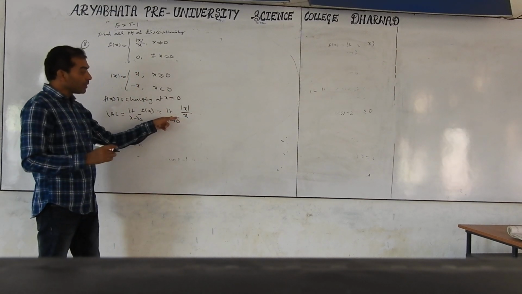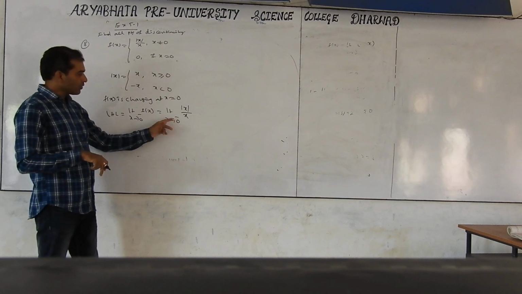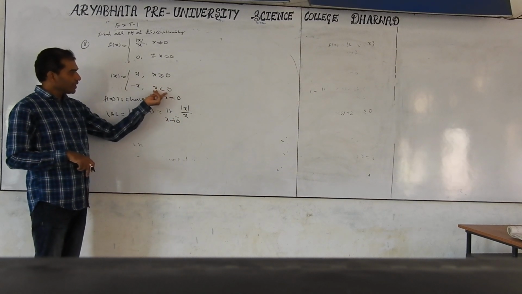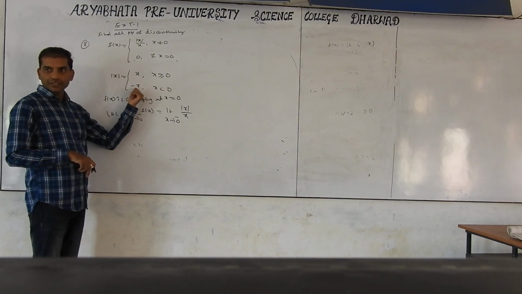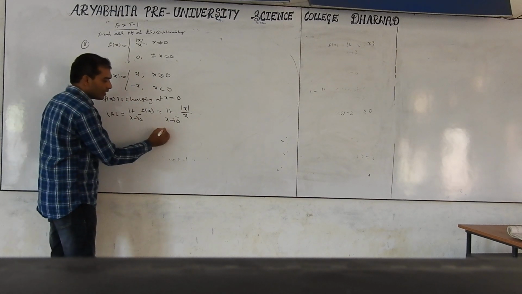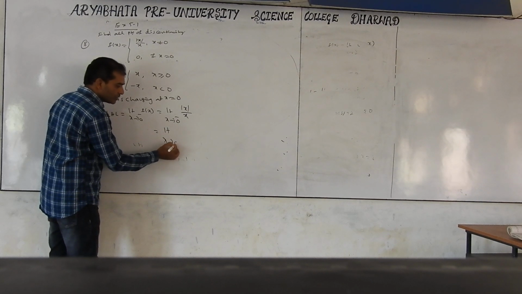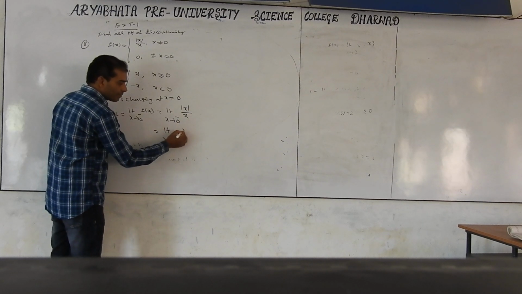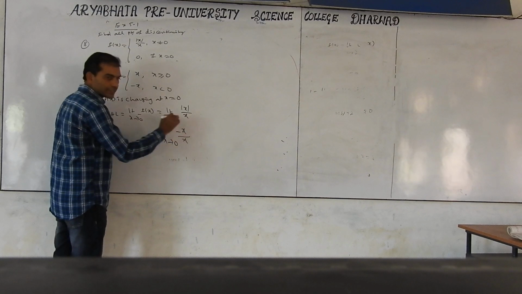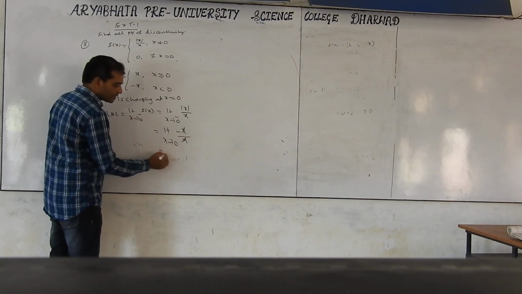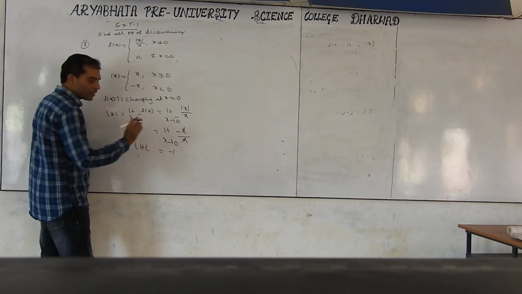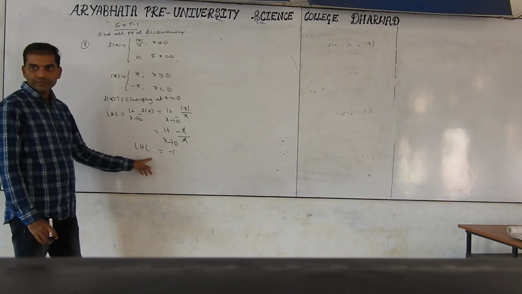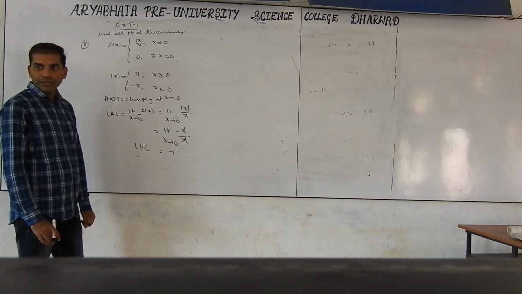Again, one more condition is there, below 0. When x is less than 0, mod x equal to minus x. Change the function here: limit x tends to 0, minus x by x, gets cancelled, which is equal to minus 1. So left limit equal to minus 1.